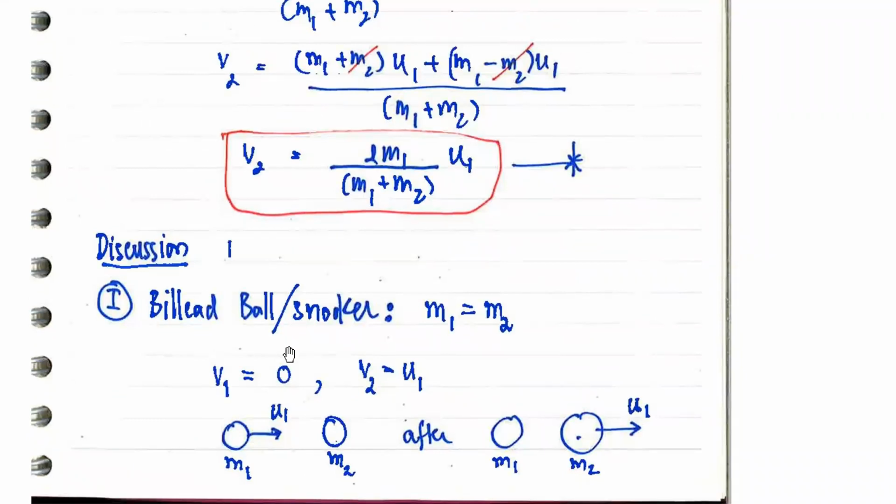If you watch a tournament, the white ball collides with the red ball, and after the collision the white ball is at rest and the red ball is moving with the same speed. That is a perfectly elastic collision. It usually appears when two balls collide head-on with equal masses.